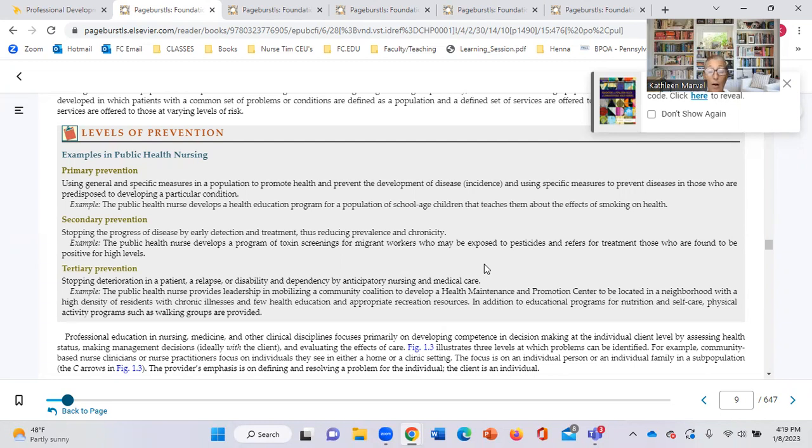Okay, and they're caring for residents with chronic illnesses. So they already have a chronic illness. So now we're working with them to help promote self-care, physical activity with the conditions they may already have.